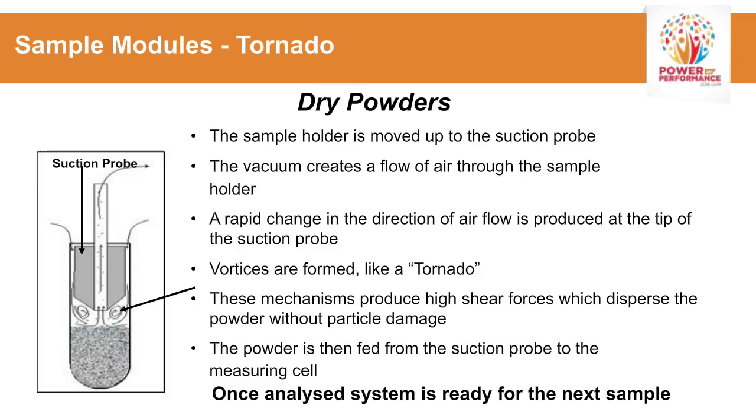But this is a more gentle way of dispersing the particles and having them flow through the instrument. And once the system is analyzed, everything in the container, that container platform, everything goes down to the bottom, the starting position, and you remove the cell. And essentially, you're ready for the next sample.